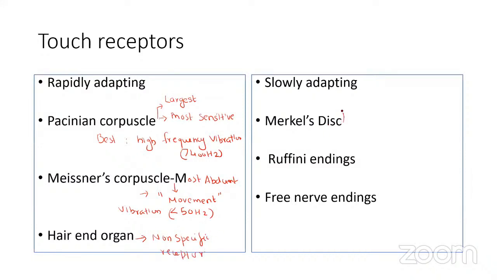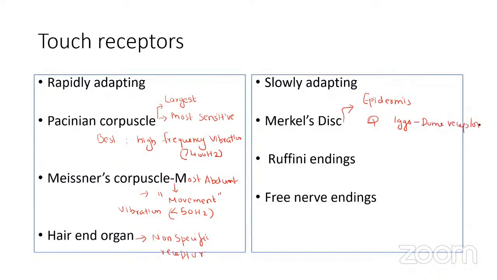Merkel's disc, as we have already seen, is the only receptor seen in the epidermis. It appears as a dome-like projection, so it is known as the Iggo dome receptor. Iggo is the scientist who discovered this dome receptor.